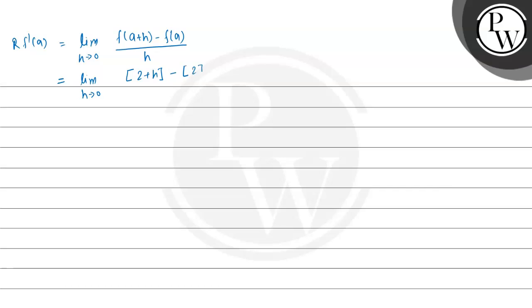Again, we have to find the right hand derivative. The right hand derivative of the given function is limit h tends to 0 f of a plus h minus f of a divided by h. Here a is 2, so we can write greatest integer function of 2 plus h minus greatest integer function of 2 divided by h.